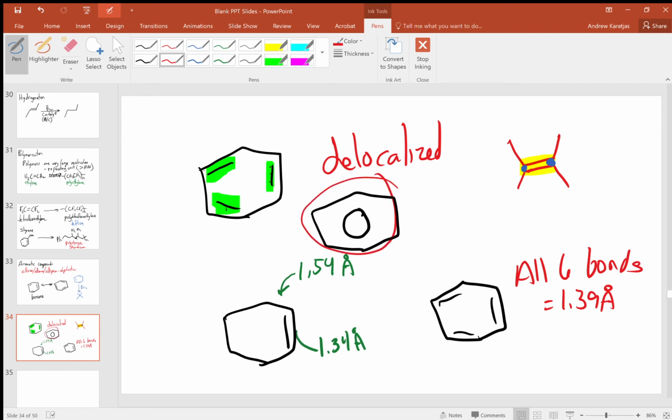But it also told them that benzene wasn't an alkene. So these bond lengths, they're too short to be an alkane, but they're too long to be an alkene. So does this mean that the bonds are somewhere in between a single and double bond? To an extent, yes. And it's unfortunately just a limitation on the way that we draw our Lewis structures.